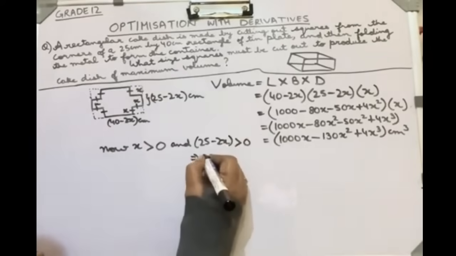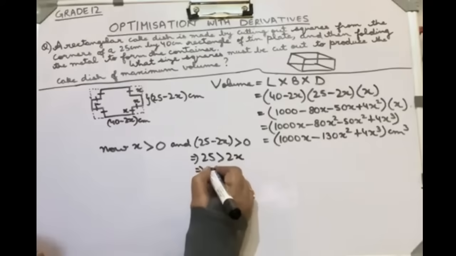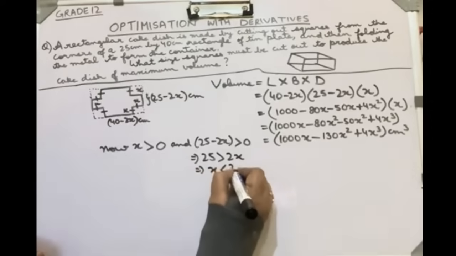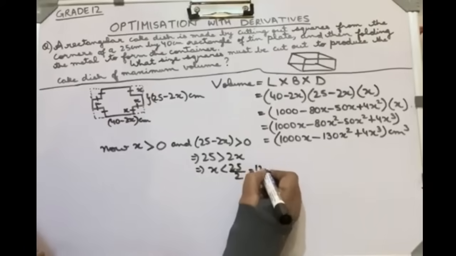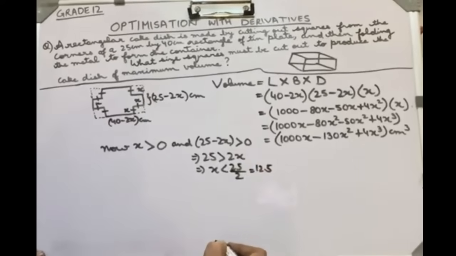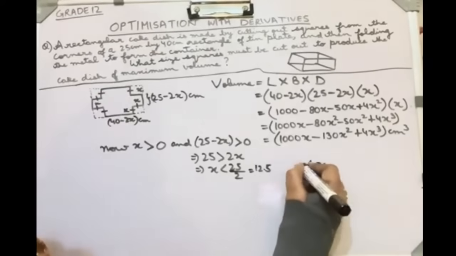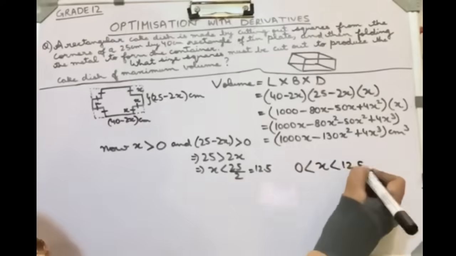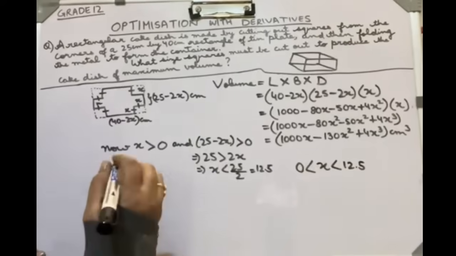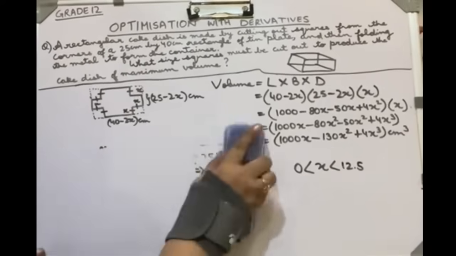Simplifying here, we get 25 is greater than 2x and x is less than 25 by 2, which is 12.5. So x lies in the domain x greater than 0 and less than 12.5. Now the first derivative test. I will erase this part.